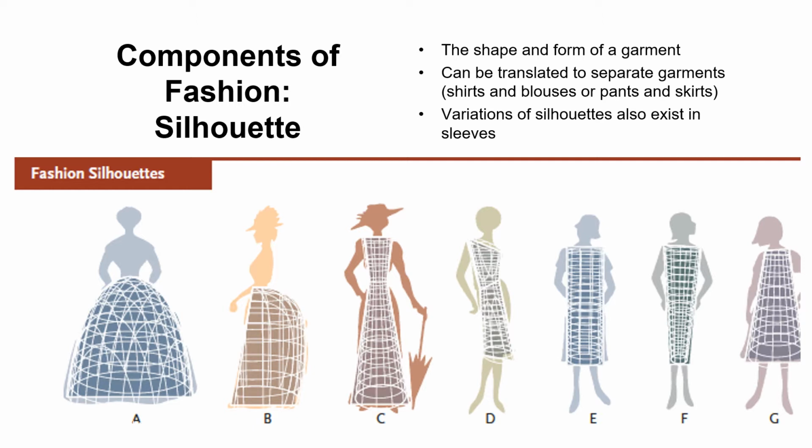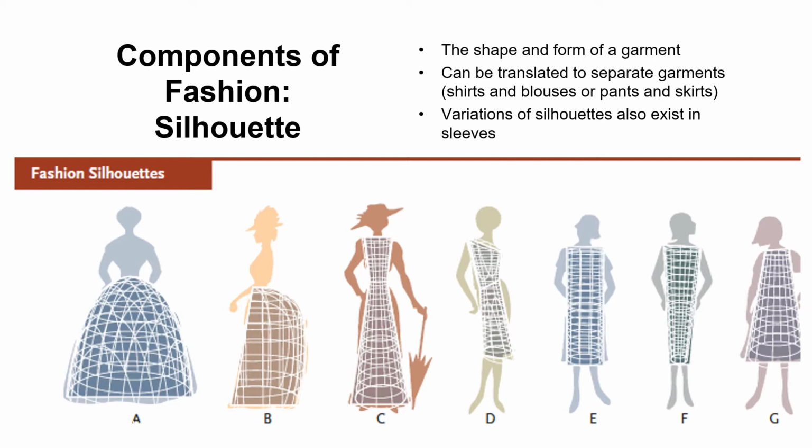So we're going to continue with some definitions here and look at some descriptors. Okay, so the components of fashion, the combination of elements that work together to create fashion, are silhouette and details, color, and texture. So first, let's just talk about silhouettes.